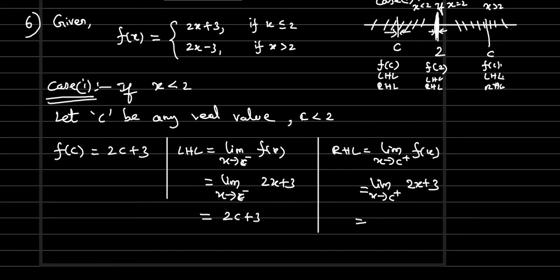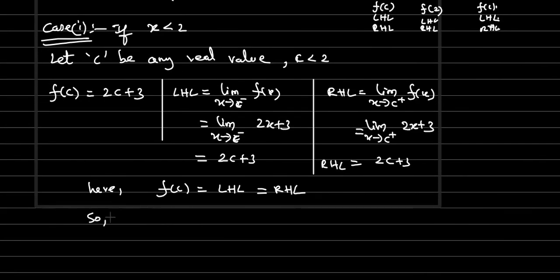Now replacing x as c, that is 2c plus 3. And now if you notice, left hand limit, right hand limit, and f of c values are same. All these three things are same. So f of x is continuous.